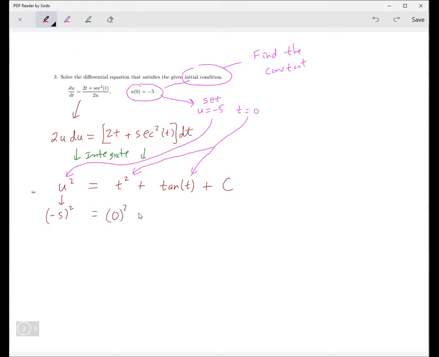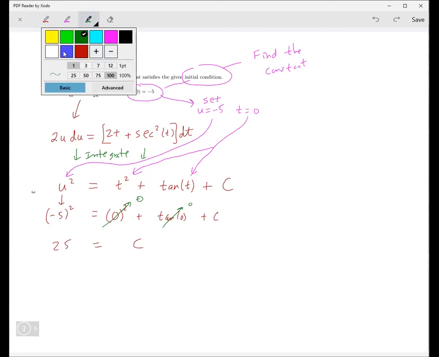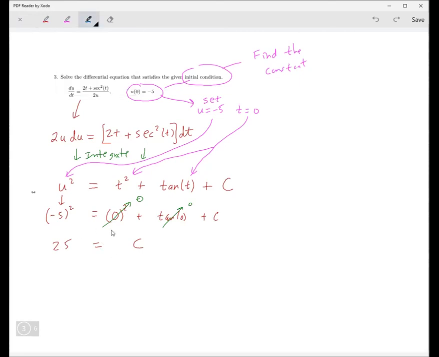So this is going to be 0 squared plus tangent of 0 plus a constant. And of course, these are both 0. So this is 25, and this is our constant. So our constant is 25, and we're going to take that 25 and put it in here.